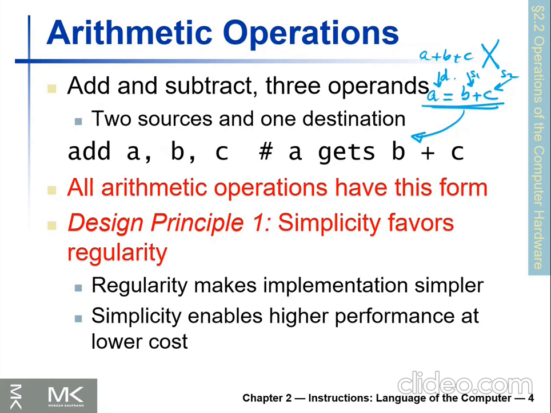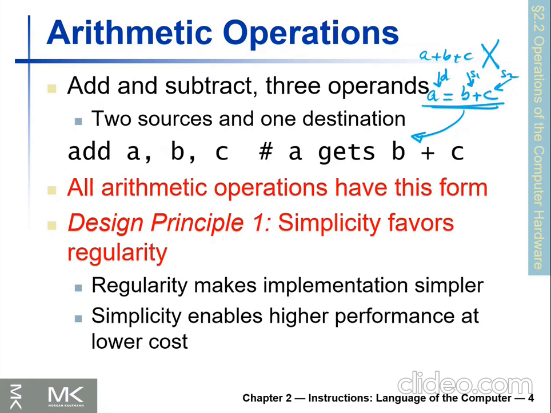The destination is the location at which you're going to store the value of the arithmetic operation, for example the addition. The sources are the operands that you're going to process, for example add together, so that you get a new value.